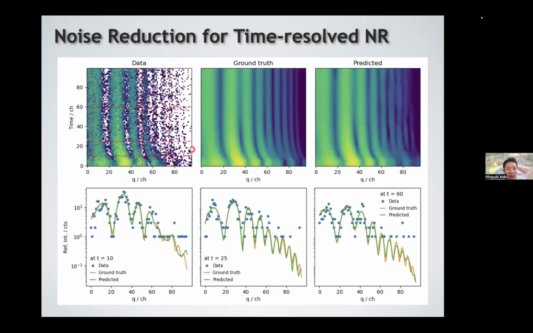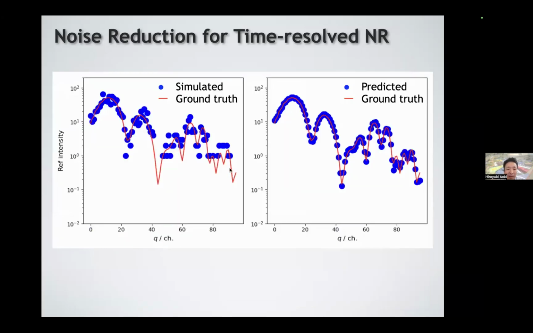Yeah, so this is another example of our CNN. With few neutron counts in this area, we can reproduce the fringe pattern like this. And lastly, I'd like to show real-time experimental data, which is simulated data.